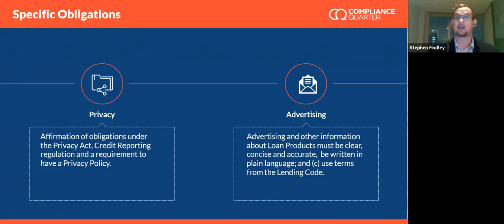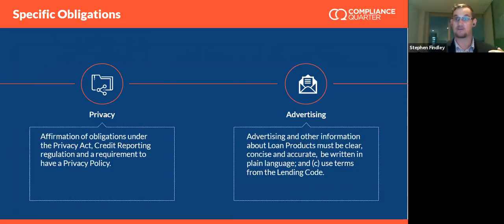Okay, there's a new privacy section to the fintech lending code. This affirms that all of the lenders who are signatories to the code are under obligations under the Privacy Act to follow the Australian privacy principles. The Australian Privacy Act itself sets out which businesses and public sector organisations are required to have a privacy policy and act in accordance with the privacy principles.